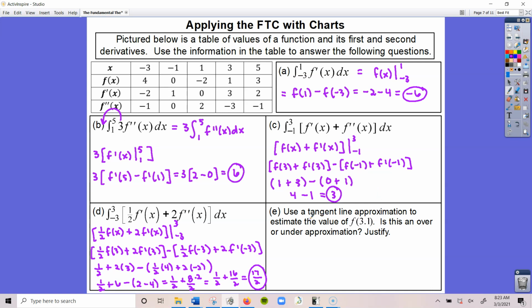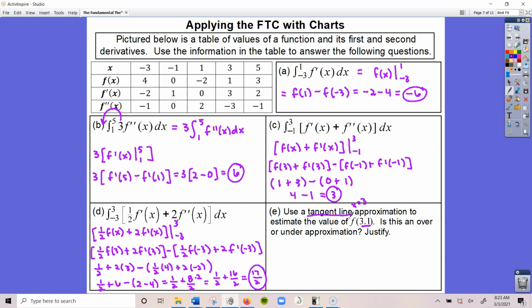So if we're going to do a tangent line approximation, that means I need to write the equation of the tangent line for when x is equal to 3. And I use 3 because if we're approximating for 3.1, then I need the closest value to that number that would be on my chart, which is 3.